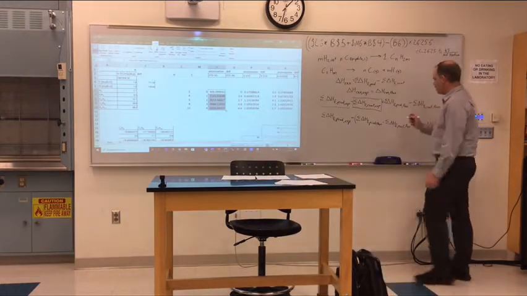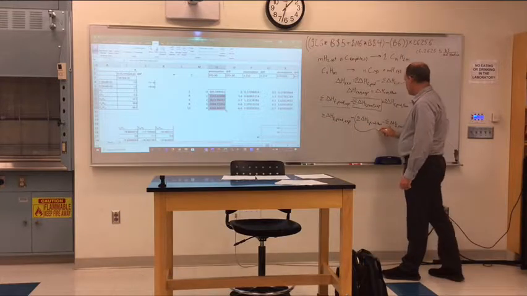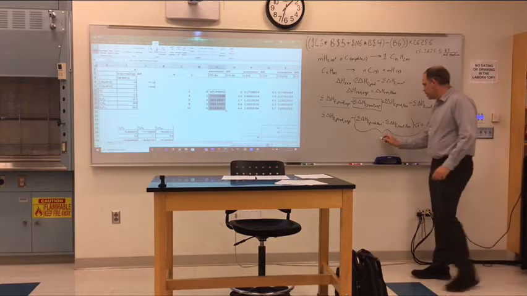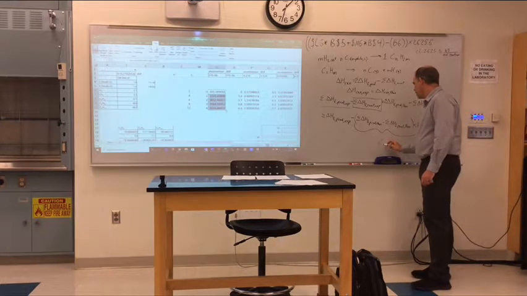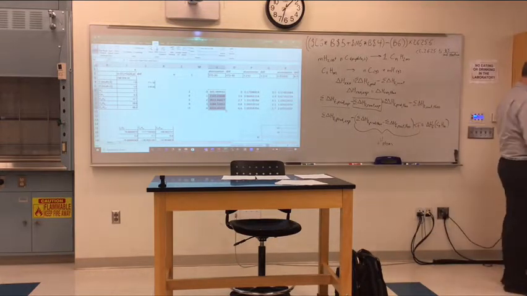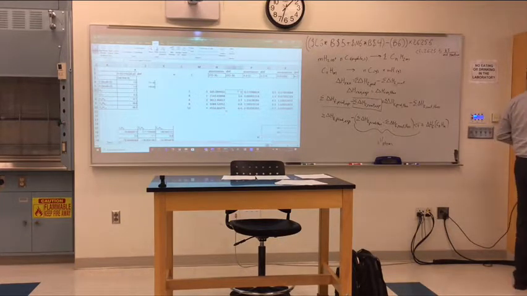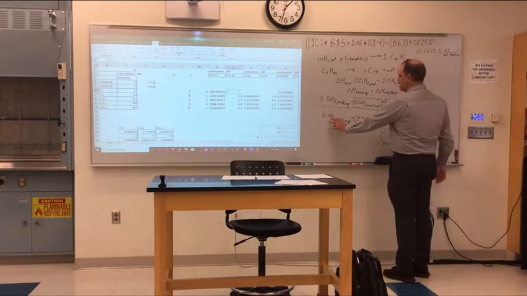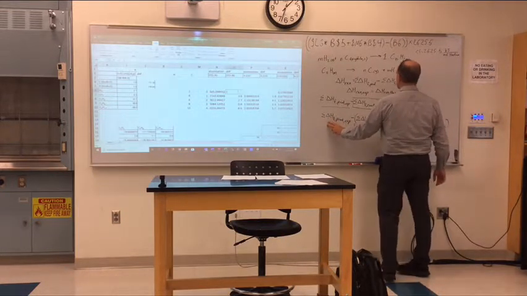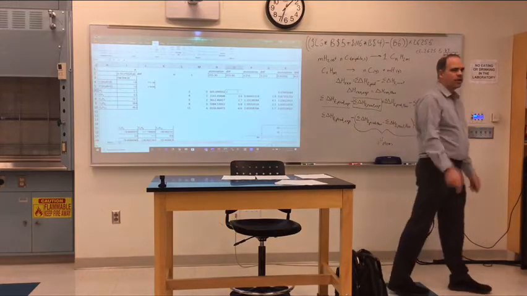So, this whole value here is what we just calculated. This is our delta H atomization. In our cell here, we essentially need to figure out the sum of the enthalpy of formation of our products, and then subtract off the cell that's right next to it.